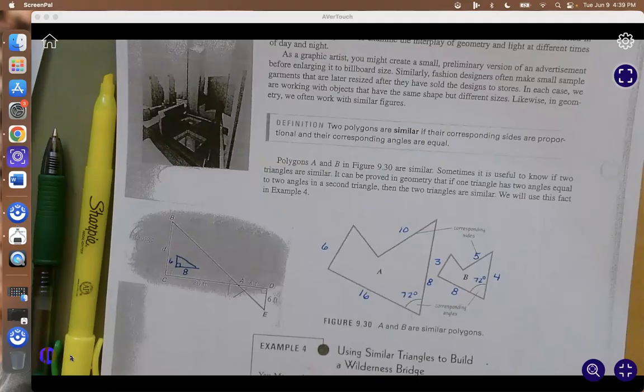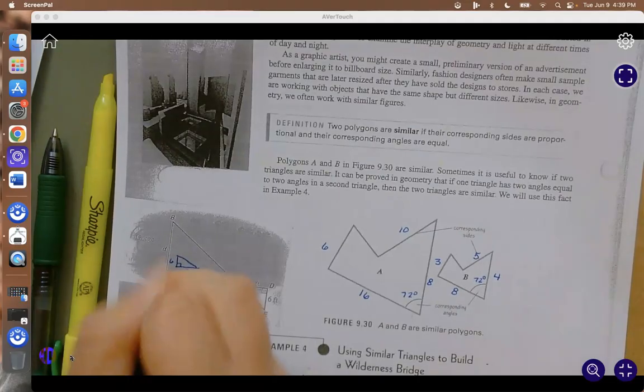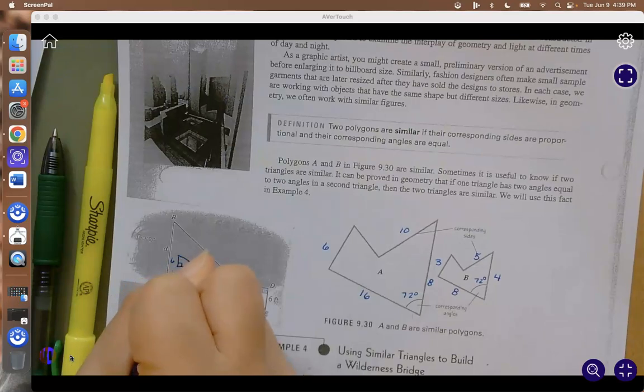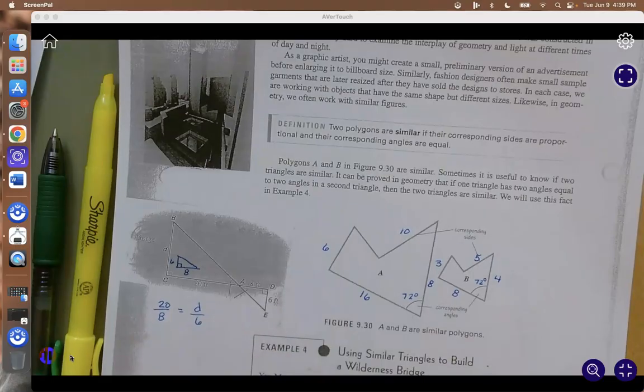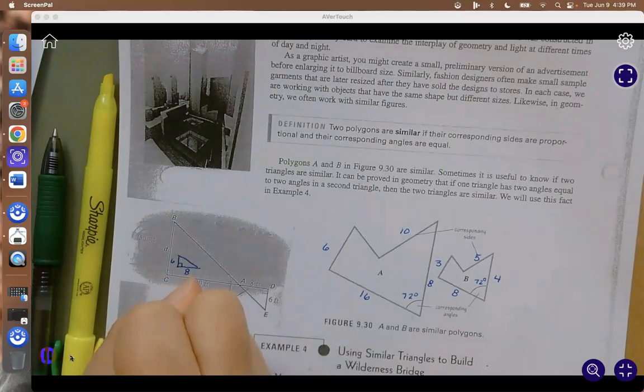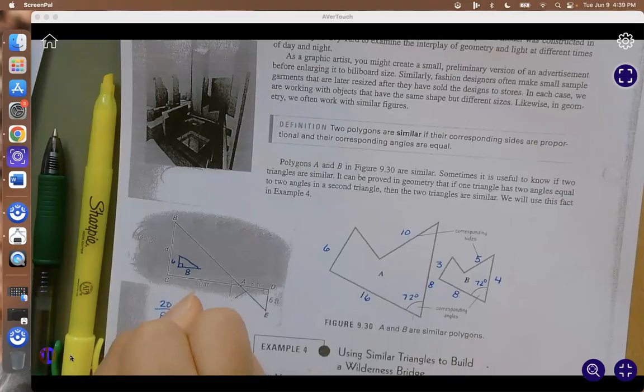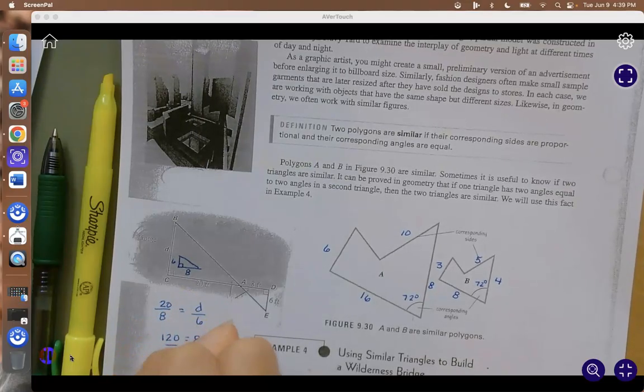Okay? So we go 20 goes with 8 as D goes with 6. Then you cross multiply and solve. So this is 120 equals 8D, excuse me. So we divide by 8, and that's going to be 15.